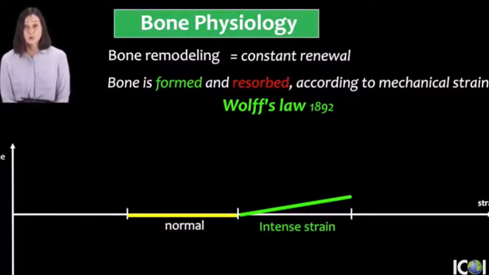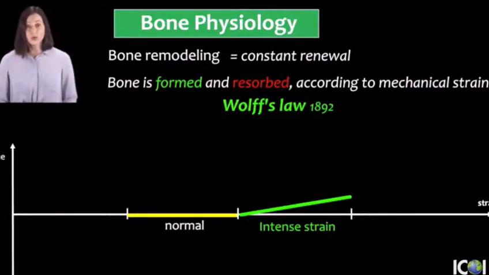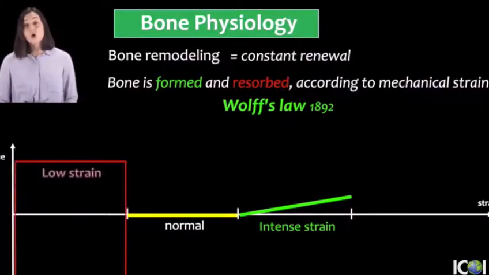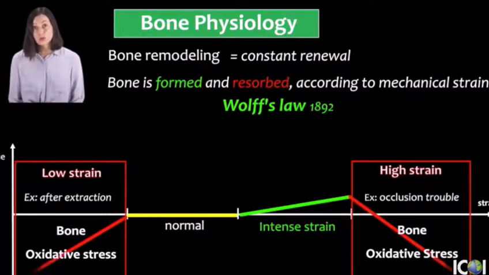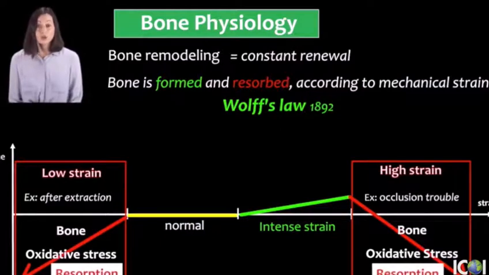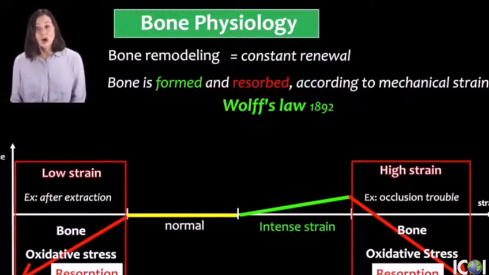This is Wolff's law. But there are situations when, in low strain, for example after extraction, or in higher strain, we have oxidation on the bone. And this is why the bone resorbs, because of this either too low or too high strain.